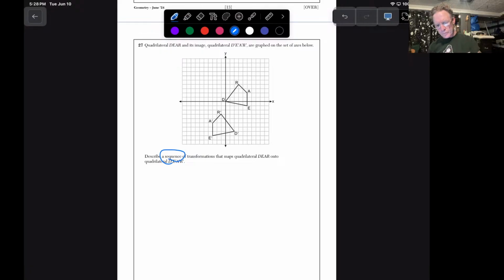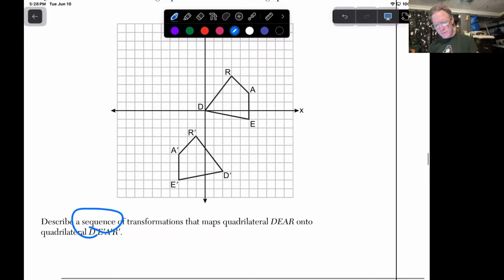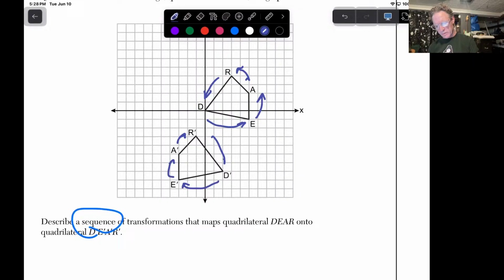The first thing I always do for these transformation questions is look at the orientation of the points. Are they going the same way, or the opposite way? D to E to A to R. Notice that this quadrilateral is going counterclockwise, and this one is going clockwise.